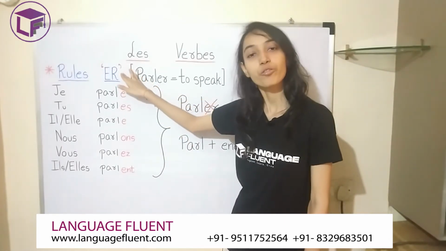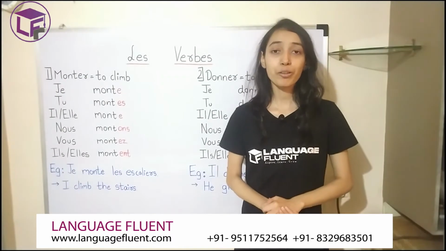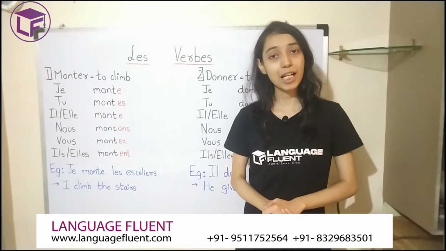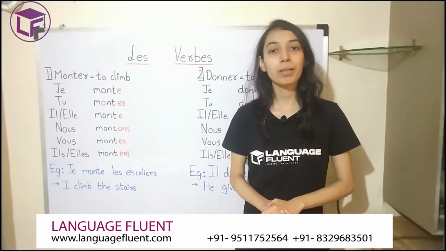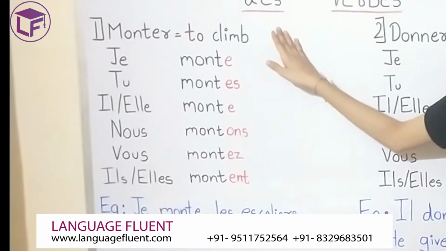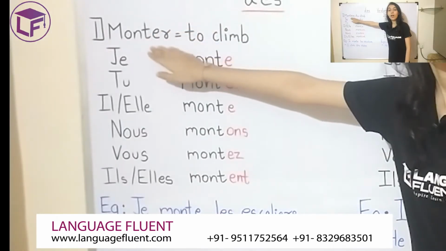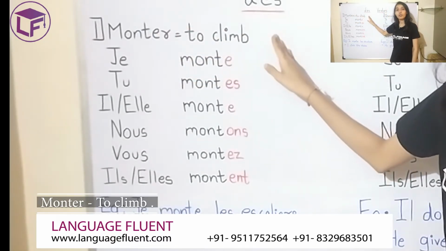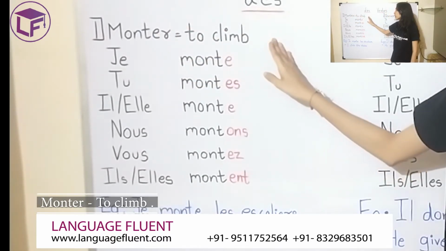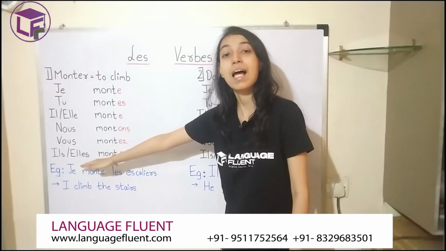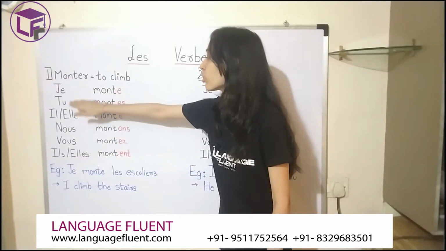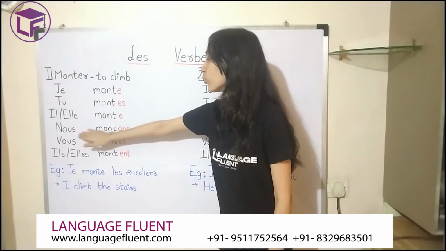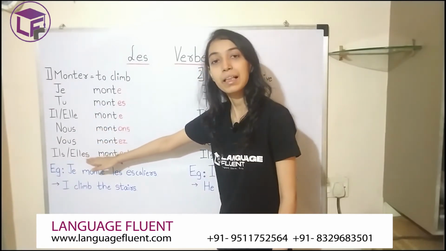Now, as we know the rules to conjugate regular ER group of verbs, let's try to apply that rule. First verb is monter, which is to climb. Here we write subject pronouns as it is: je, tu, il, nous, vous, il.